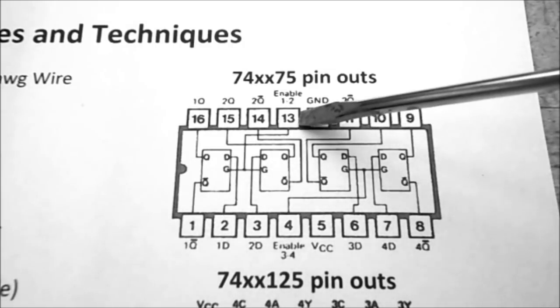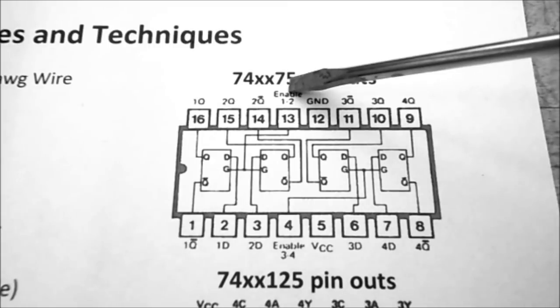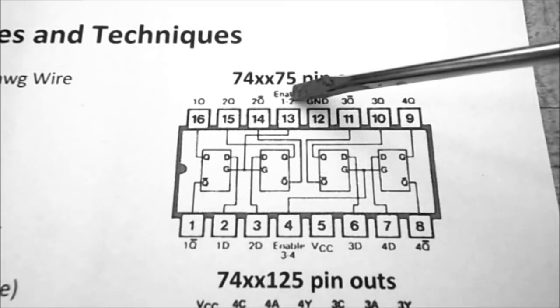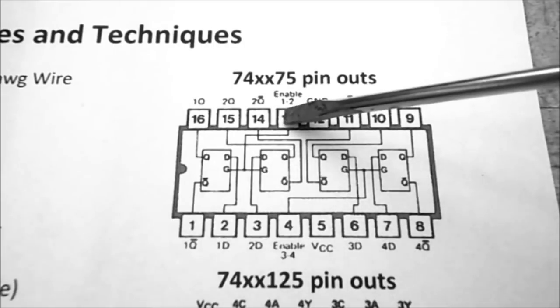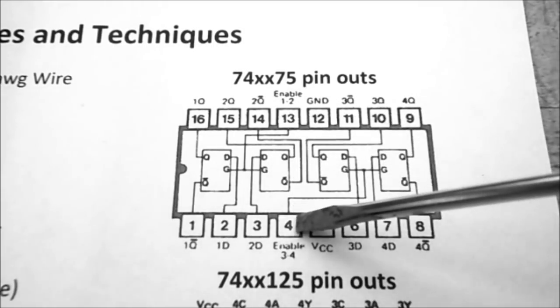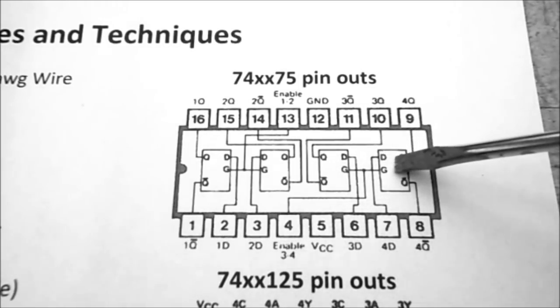I want you to notice that pin 13 is the enable, and it's the enable for latch 1 and 2. So both latches are enabled together. Pin 4 is the enable for latch 3 and 4, so 3 and 4 are enabled together.